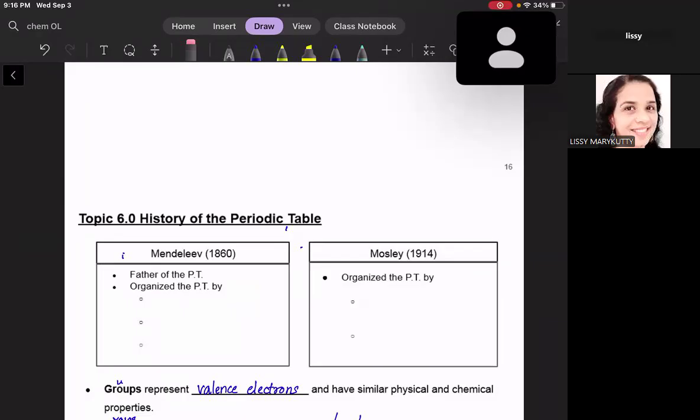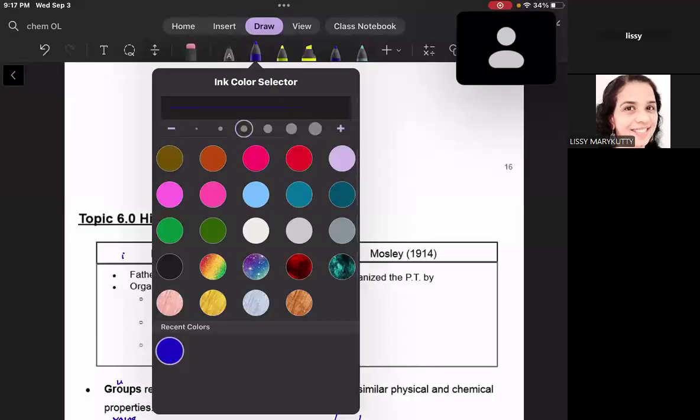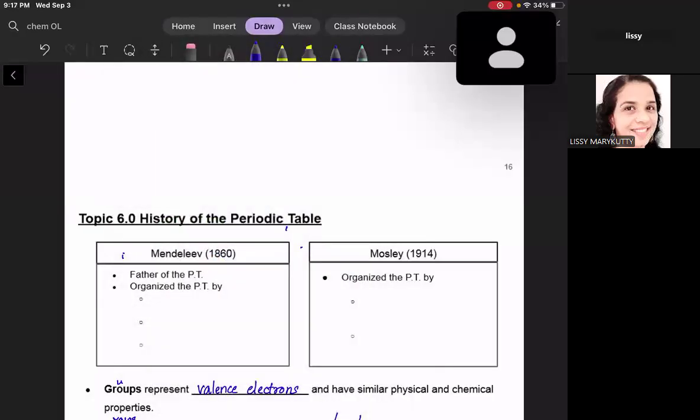Multiple scientists worked on its development, but we are talking about only 2 scientists who had a major contribution to the periodic table we are using right now. The first one is Mendeleev. Dmitry Mendeleev is the scientist who started designing the periodic table we are using right now. He is considered the father of the periodic table.